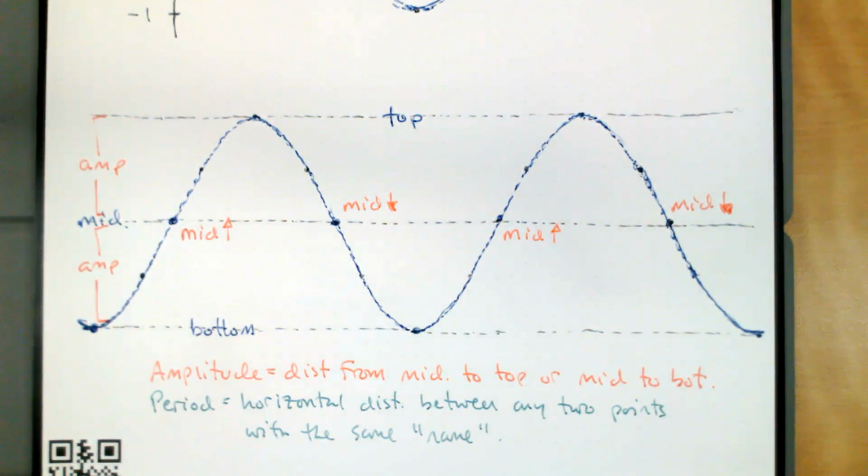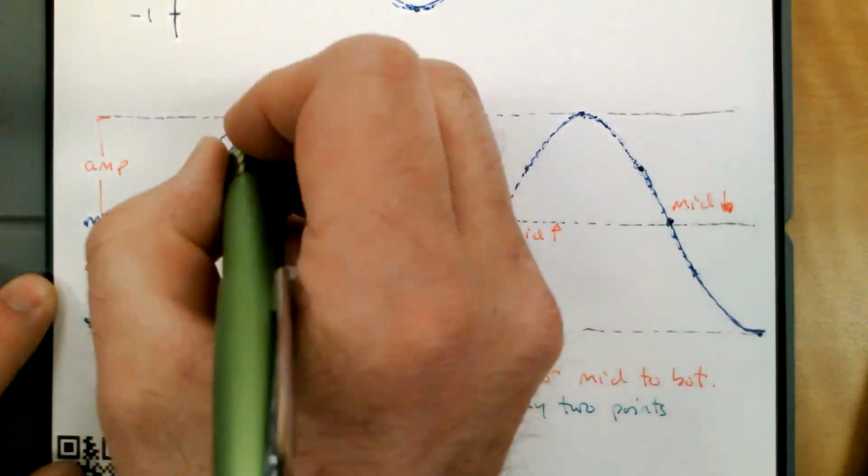Period is going to be a horizontal distance between any consecutive similarly named points. So the distance from the top to the top, that is one period.